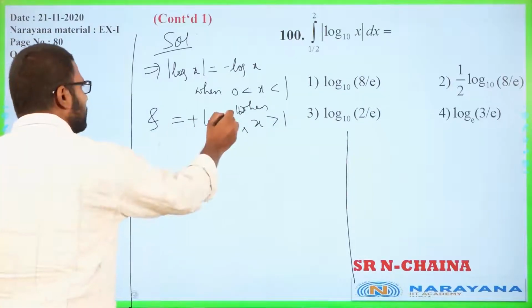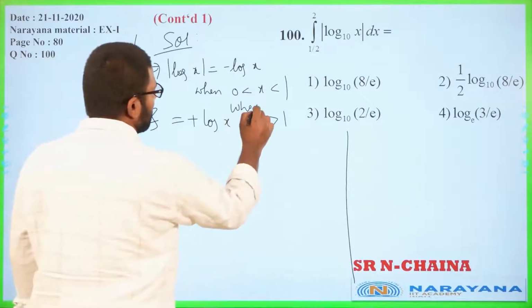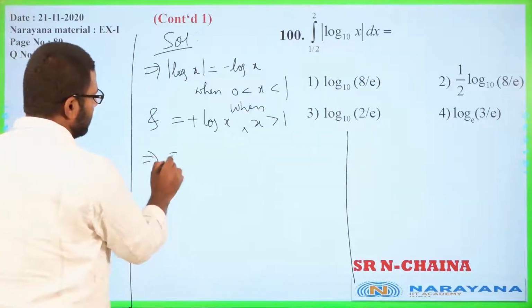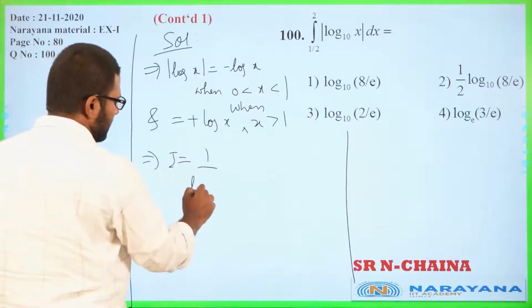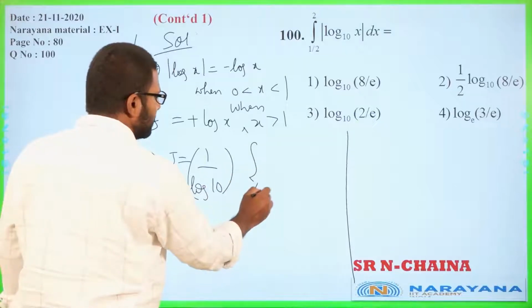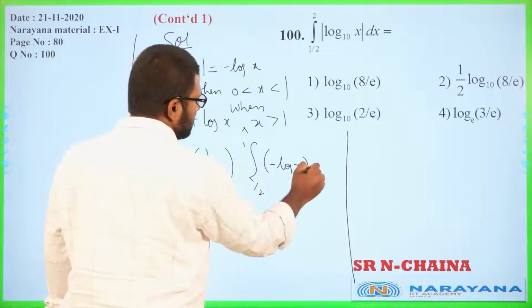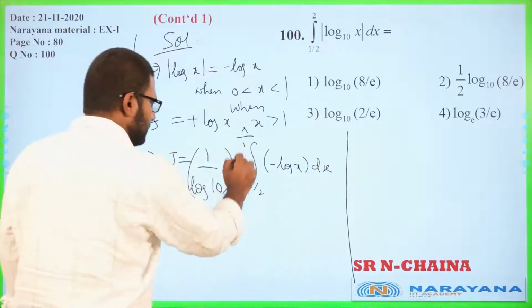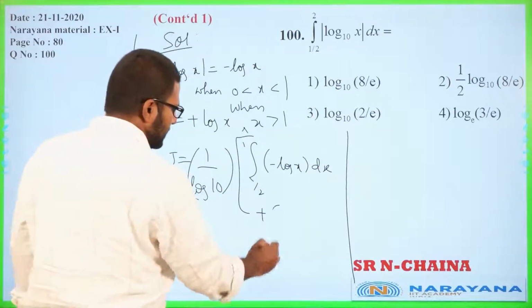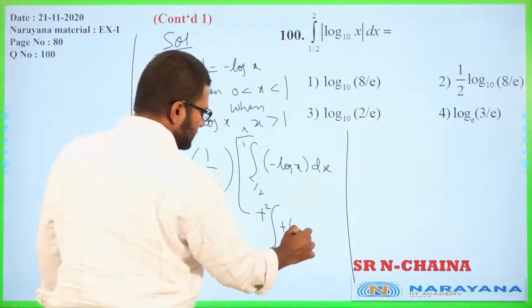So I hope now you understand where to split the integral, which means I is 1 by log 10 into integral from half to 1 of minus log x dx, plus integral 1 to 2 of plus log x dx.